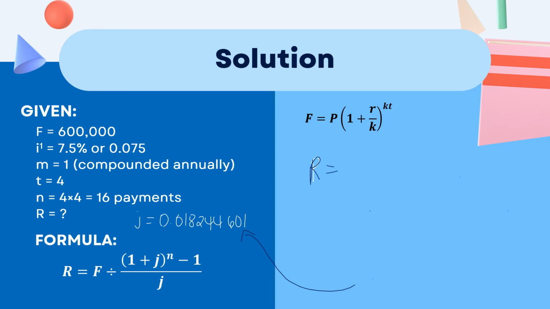Substitute na natin sa ating formula. We have now 600,000 divided by 1 plus J. Substitute lang natin yung value, yung equivalent rate, raised to N. Ang N po natin is 16 payments, minus 1, over J pa rin po.